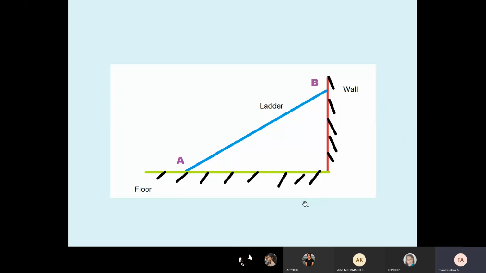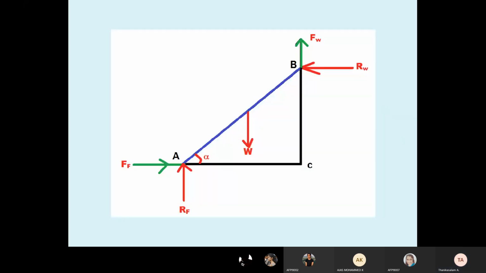So we discuss the ladder free body diagram. This is a general ladder, without a man. You have to find the angle of the inclined position, which we can measure with respect to the horizontal or the vertical.